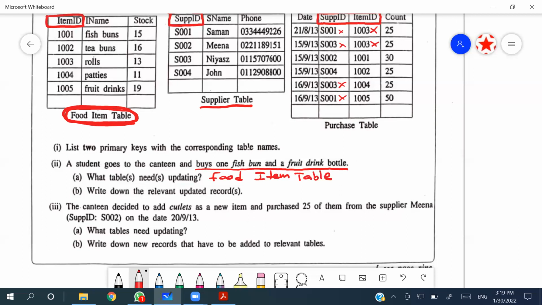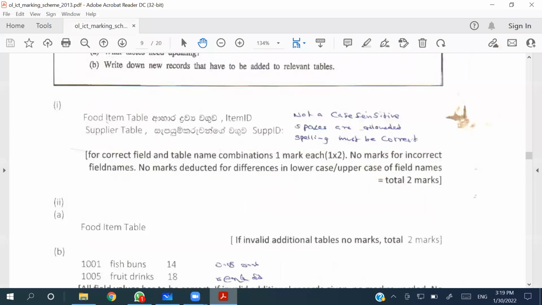And write down the relevant updated record. It says 1 fish bun and a fruit drink they have taken. So fish buns, already there are 15. So the updated record will be 1001 fish buns, 14. And a fruit drink. Fruit drinks are 1005, it's going to be 18. So that is how the updating is going to happen.